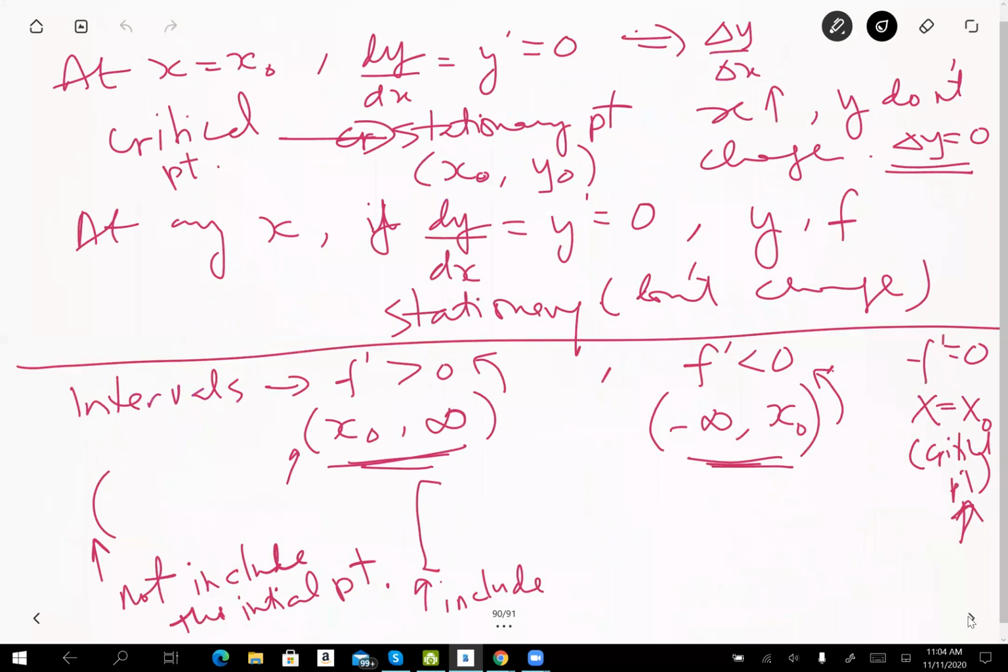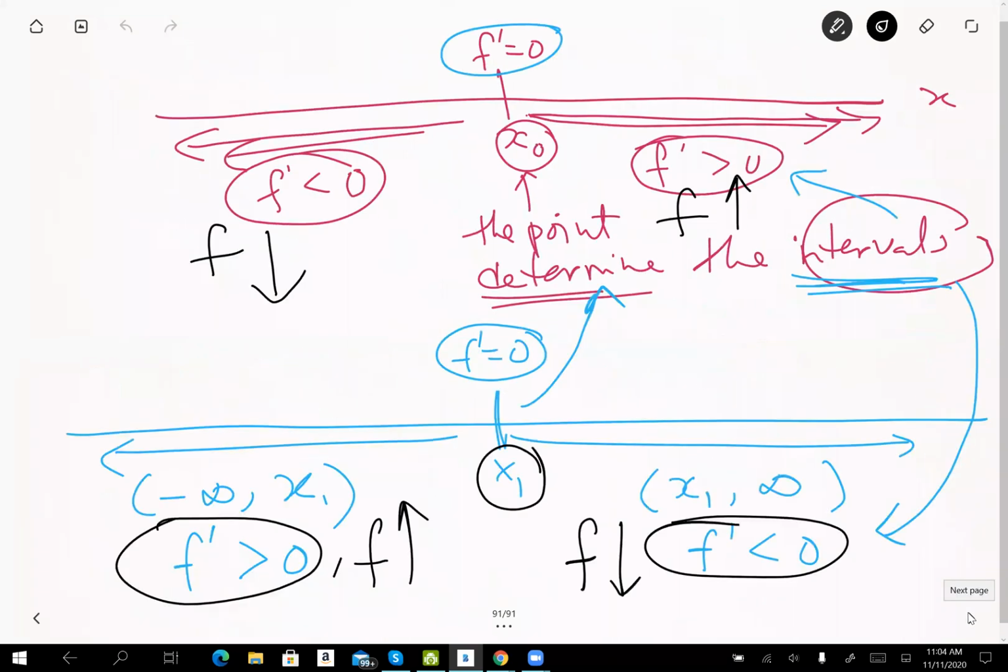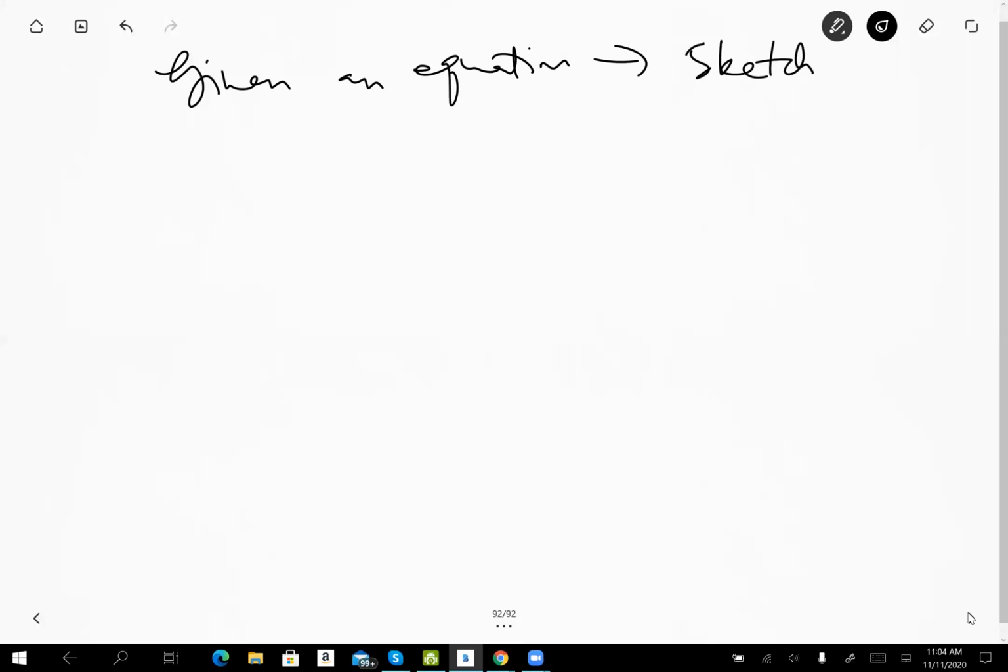Okay, good. So now, based on this relationship of the behavior, given an equation, we can draw the graph. We can sketch, not really draw, because you don't need to find all the points. We can sketch the graph of the function by the first derivative.